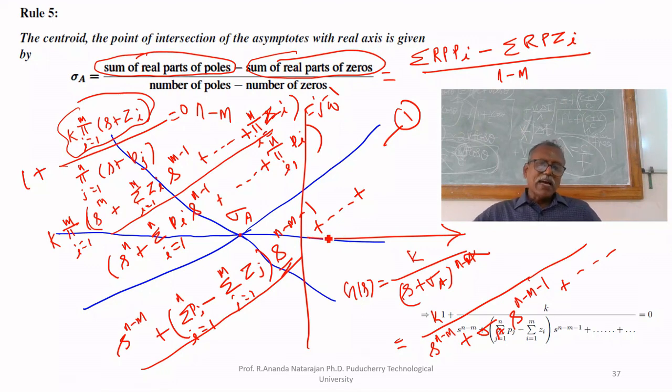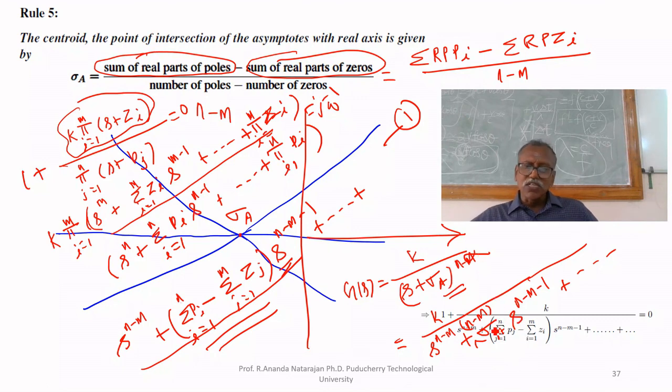If we compare these two, in the second term here there is one more coefficient, that is n minus m. Here the coefficient is n minus m times sigma A s power n minus m minus 1, since this is the binomial expansion of this to the power n minus m.